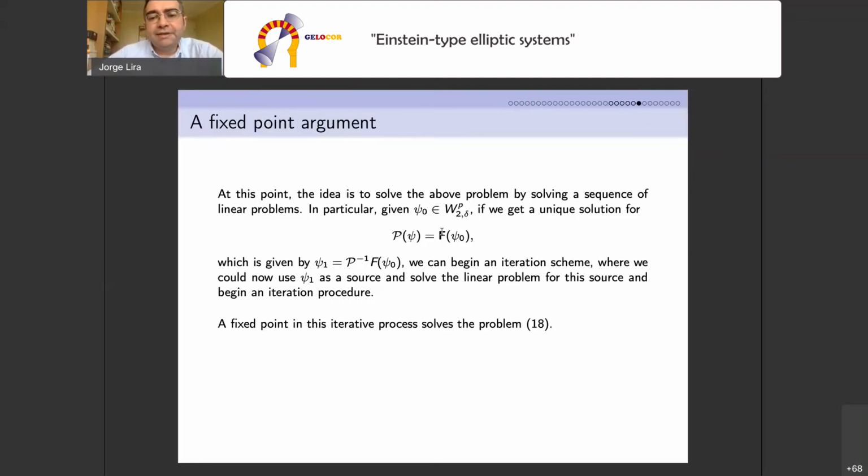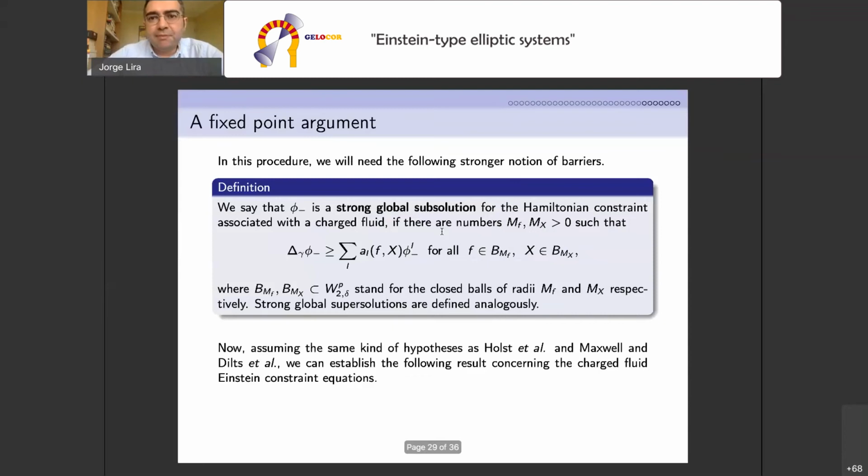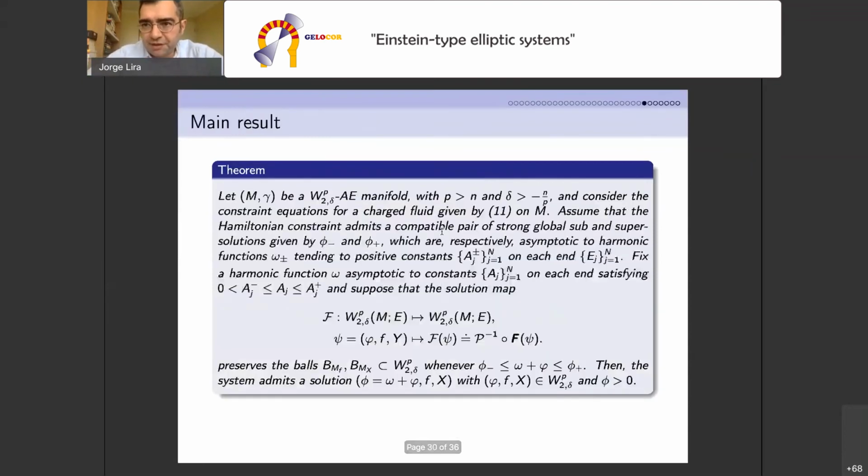Well, that's the general result that states that this is possible, in the sense that you can at the same time control the size of the nonlinearities in terms of some weighted Sobolev norms.